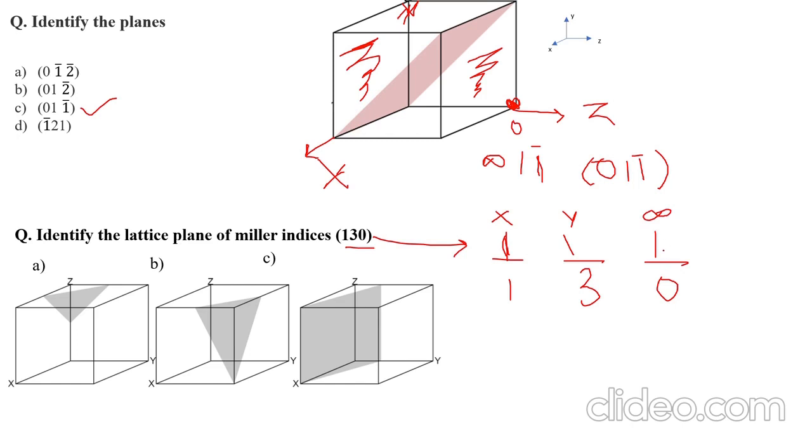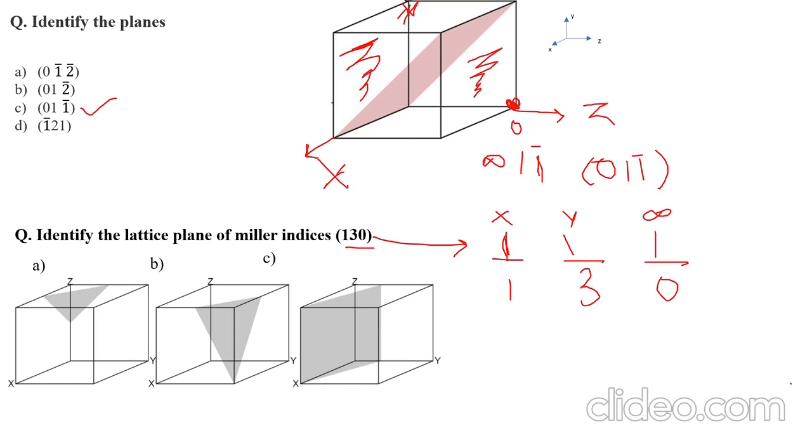This is fixed. Then on the x-axis we will have an intercept of 1, and on the y-axis an intercept of 1 by 3. Option C is right because you are having an intercept of 1 by 3.